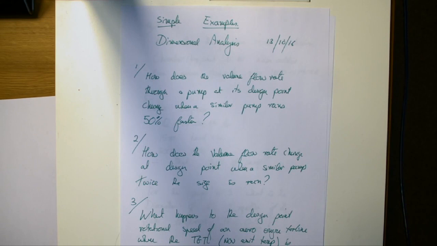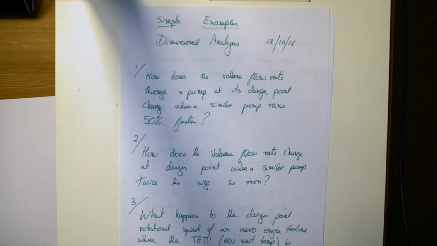The first question is, how does the volume flow rate through a pump at design point change when a similar pump runs 50% faster? Now, does anyone not understand the question? Right, good man.